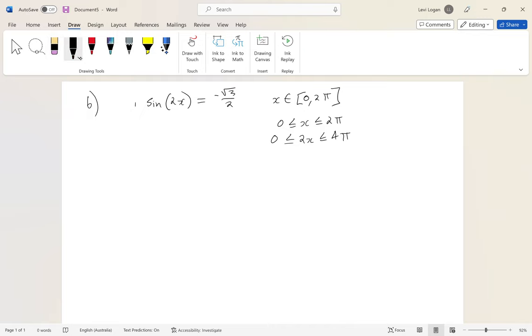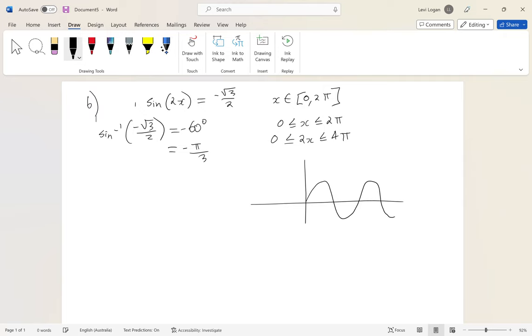Alright, so we know that sine inverse of negative root 3 over 2 is negative 60 degrees, which is equal to negative pi over 3. So drawing our graph, just the normal graph, y equals sine x, we can see our first solution.